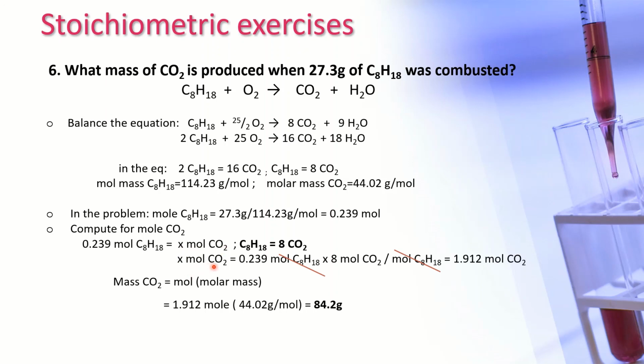So x mole carbon dioxide is equal to 0.239 mole octane times 8 moles carbon dioxide over mole octane is equal to 1.912 mole carbon dioxide. So the mass of carbon dioxide is equal to 1.912 mole times the molar mass of carbon dioxide, which is 44 gram per mole, is equal to 84.2 grams.